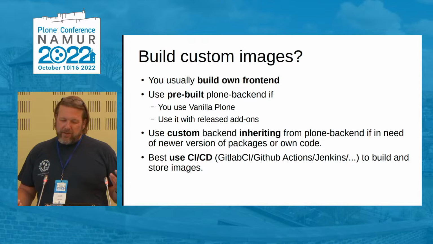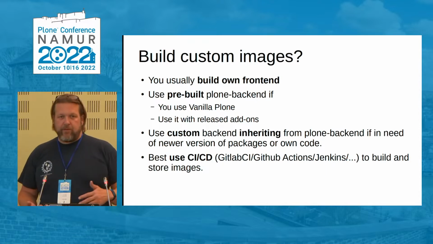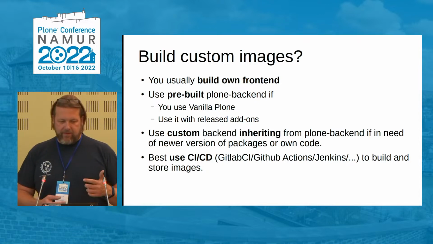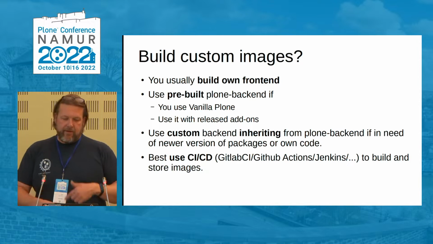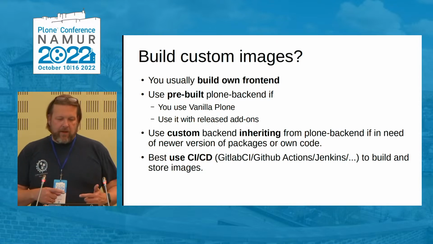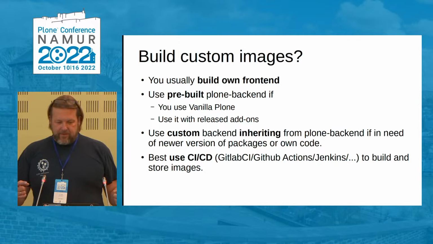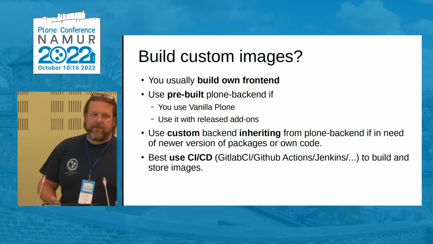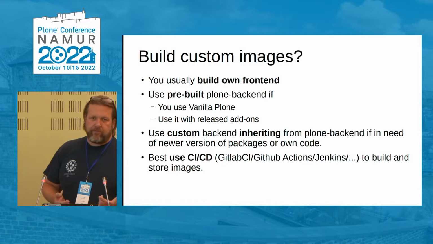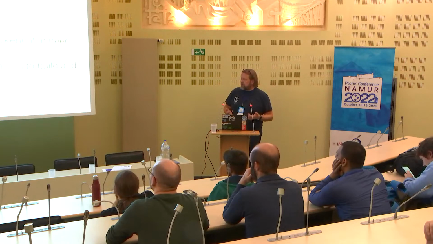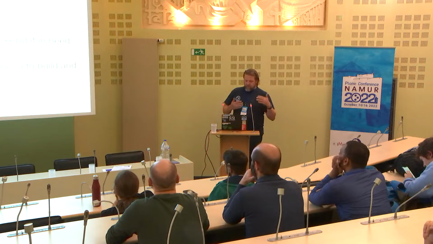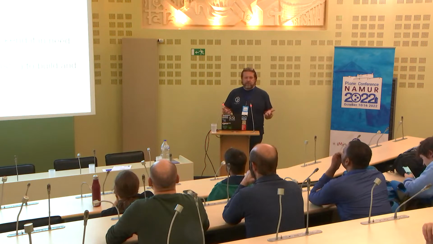If you use the released add-ons, you can plug them in with a mechanism with environment variables and so on. Then they are downloaded when the container spins up. But if you want to really have a customized backend, then you need to build your own image for your backend too. So the takeaway here is we need somehow to build images.